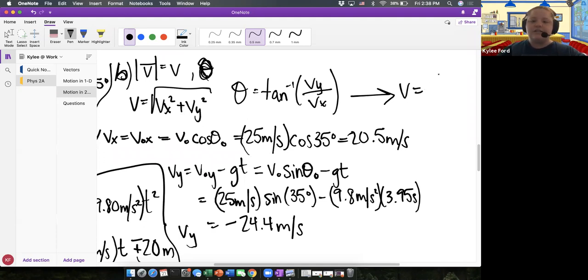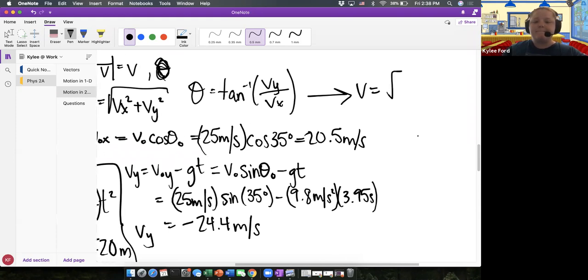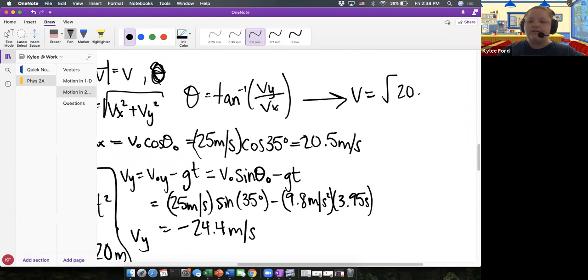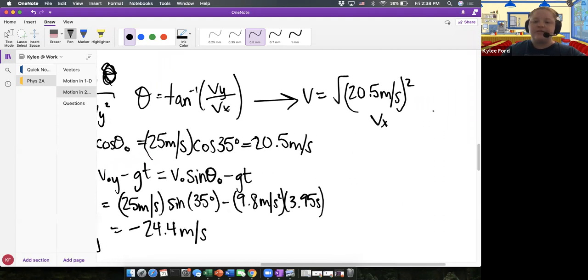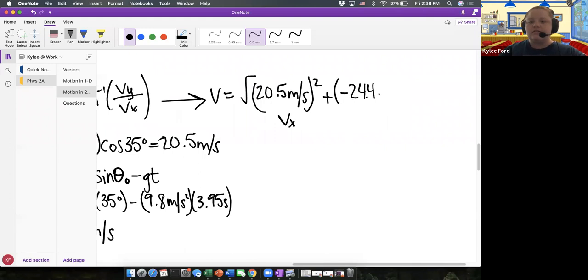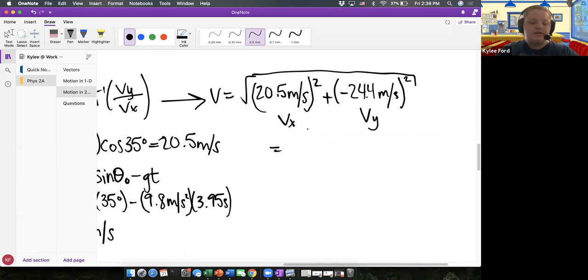My V is going to be 20.5 meters per second squared, that's our Vx, plus our negative 24.4 meters per second squared, that is our Vy. And then plug that into our calculator: 20.5 squared plus 24.4 squared.